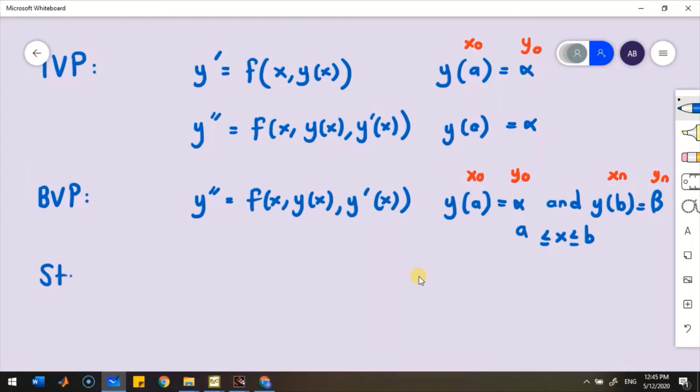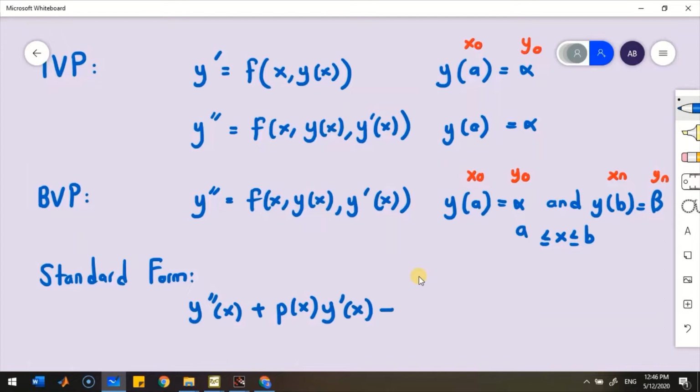Now in the standard form, I can write this boundary value problem as y double prime of x plus p of x y prime of x plus q of x y of x equals f of x.